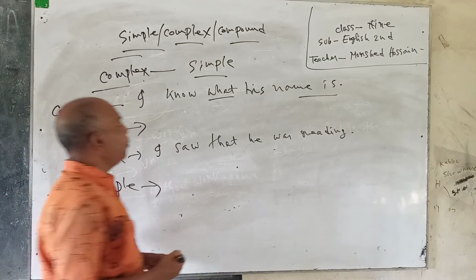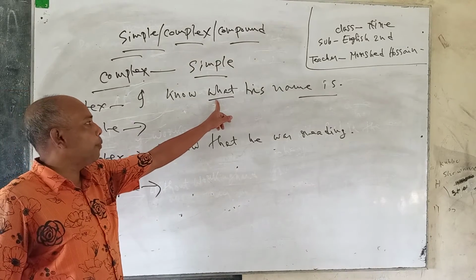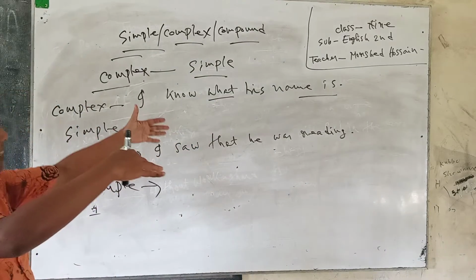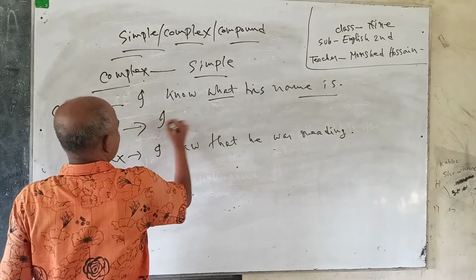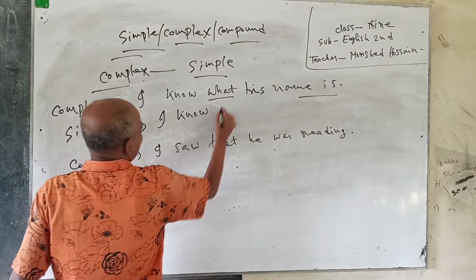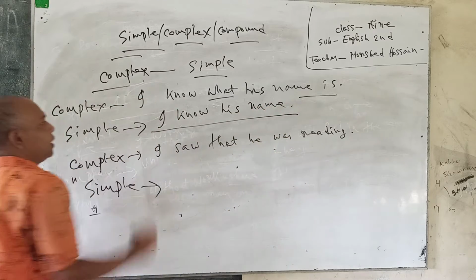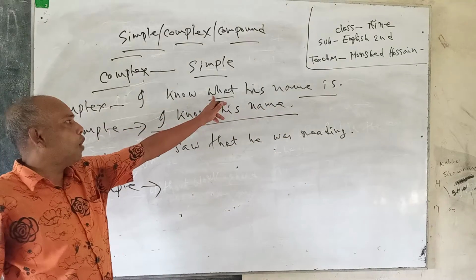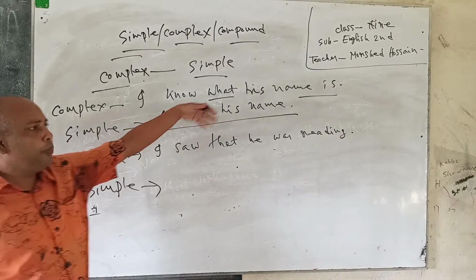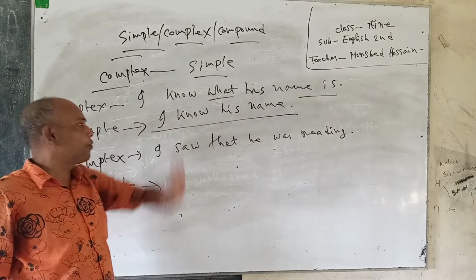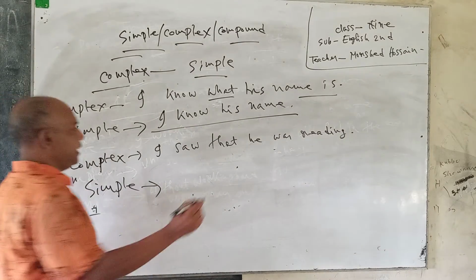So we have to remove the what. What is the form of complex? So we have to remove it and we can make it directly simple. Directly simple means I know his name. This is direct simple, and we have removed the what. I saw that he was reading.